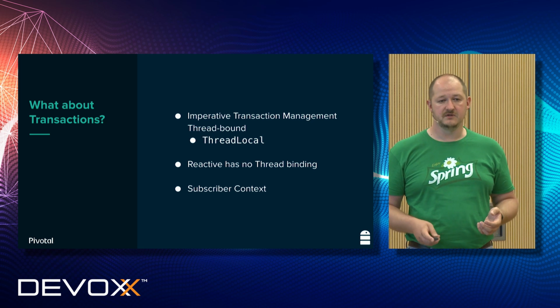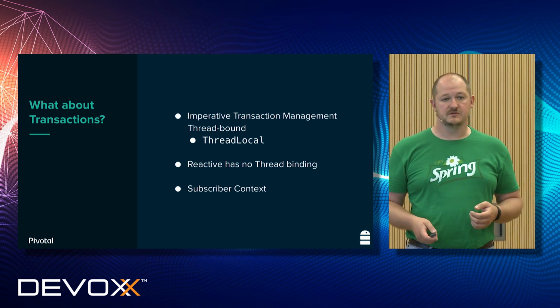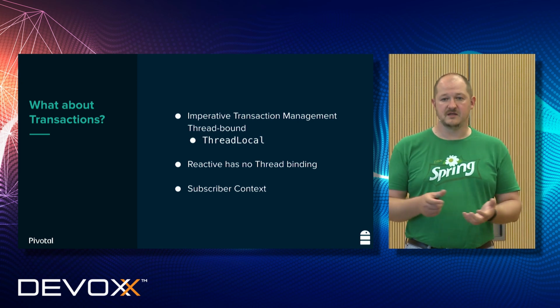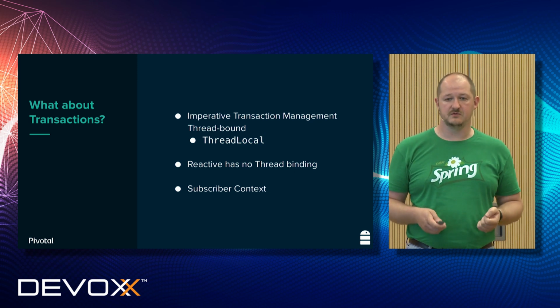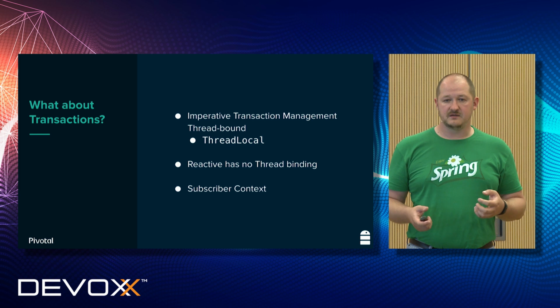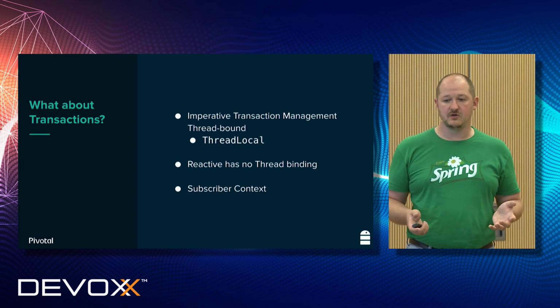We need something different, and so we have built Spring's reactive transaction management with Project Reactor's context feature, where you can attach runtime information to a particular execution, to a particular flow, and then benefit from this information as a framework so aspects can decorate your code.